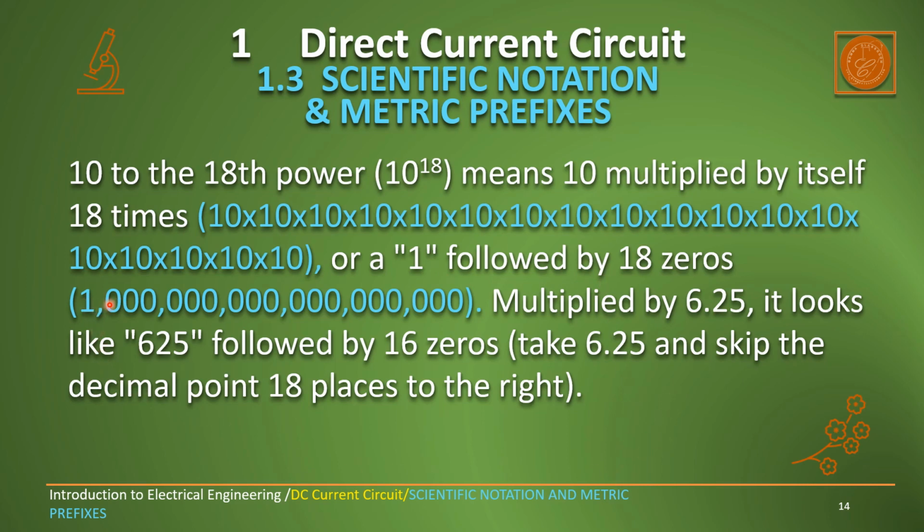This is 1, and then 1, 2, 3, 4, 5, 6, three times 6, 18 zeros. Multiplied by 6.25, it looks like 625 followed by 16 zeros. Take 6.25 and skip the decimal point 18 places to the right.